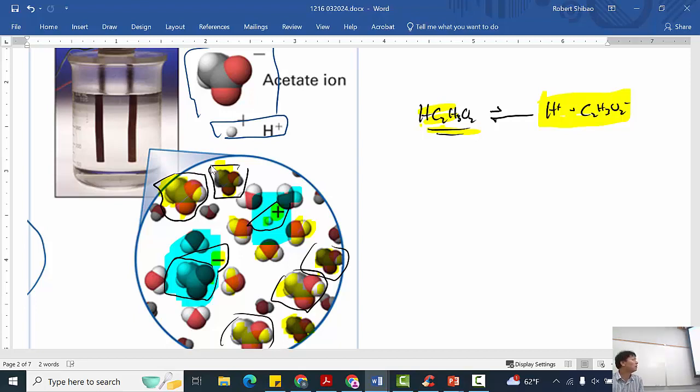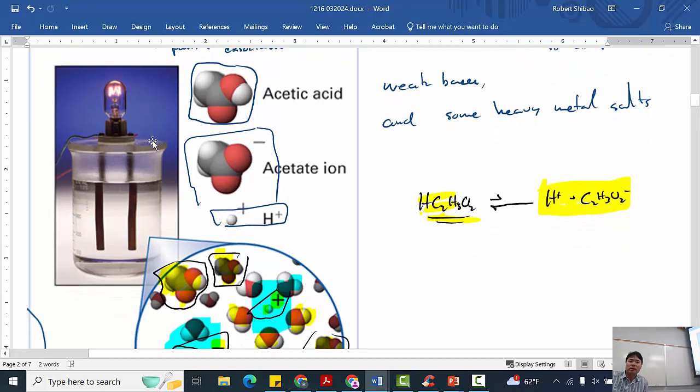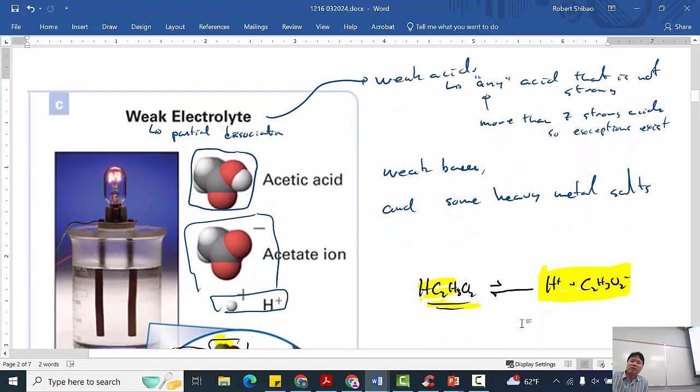And so this is why the electrical conduction is not so great. Very few ions is the problem. What's that? Very few acetate ions. Yeah, very few ions is the reason why. They have very few ions because it's a weak electrolyte.